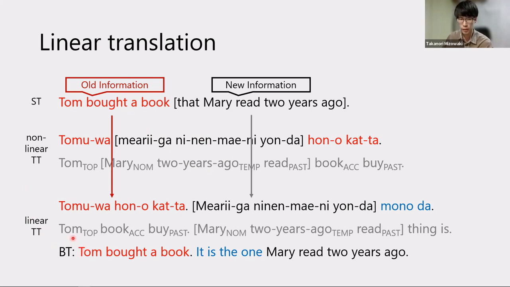So as you see in the bottom example, in linear translation, the old information and new information are translated in the same order as in the source text. Also, the main clause is not split into two parts. This means that we think the problem of difficulty in reading a non-linear translation can be solved with linear translation.